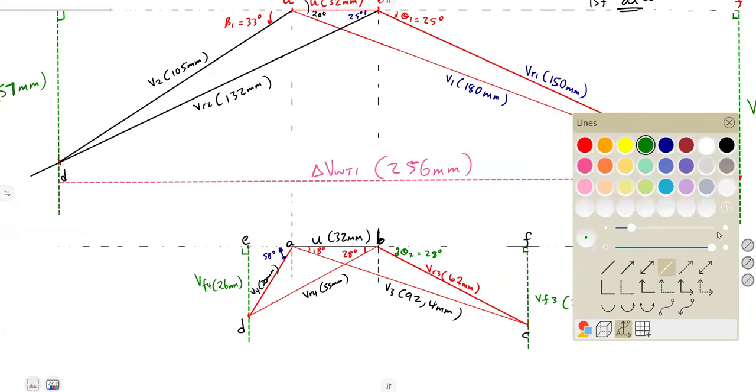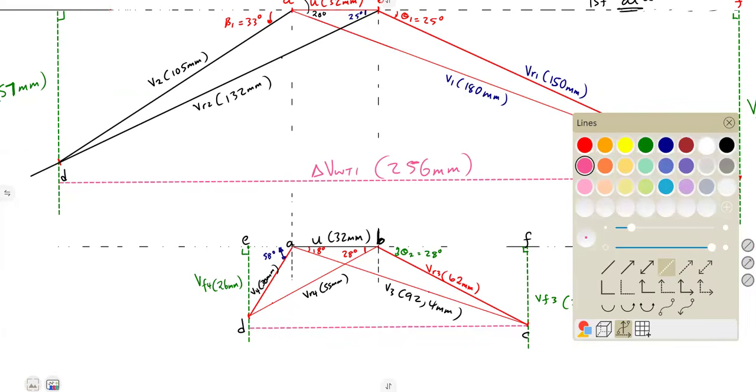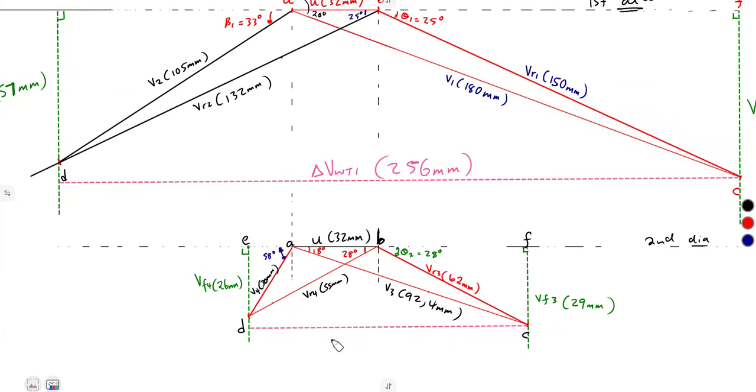All right, so here, let me just use this one, D and C. In between D and C, for our total wheel velocity, we can as well measure that. That's our total wheel velocity for the second diagram.